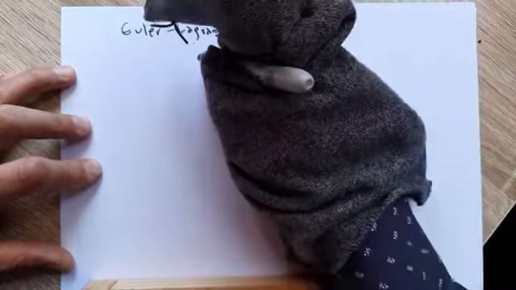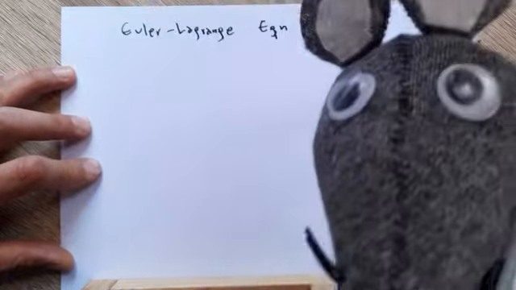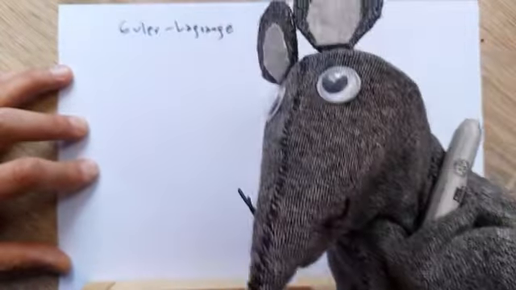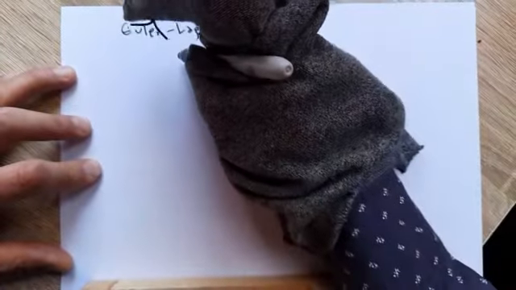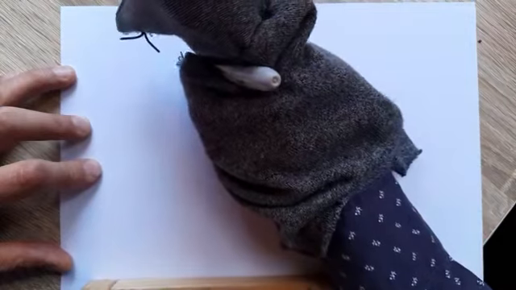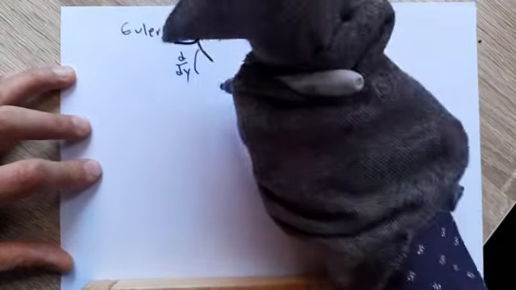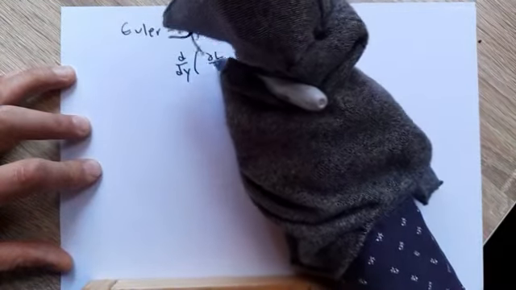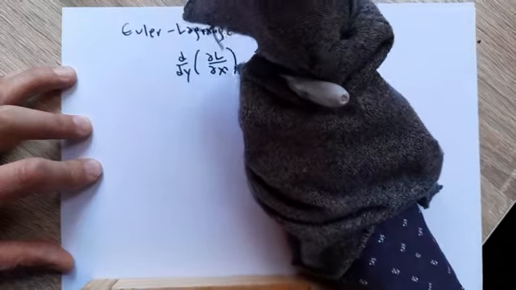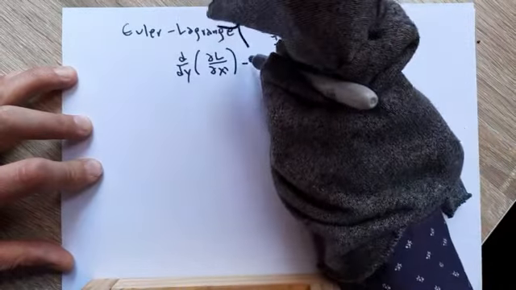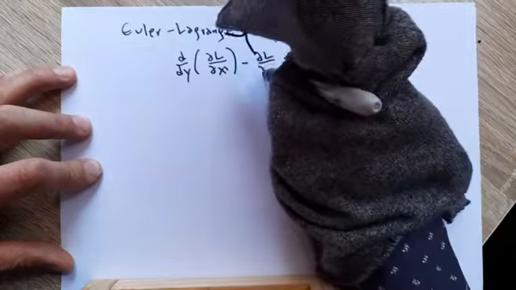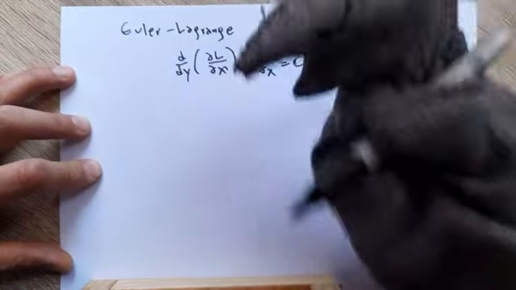In this case, as y is the independent coordinate, the Euler-Lagrange equation is d/dy of the partial of L with respect to x prime, minus the partial of L with respect to x, equals 0.